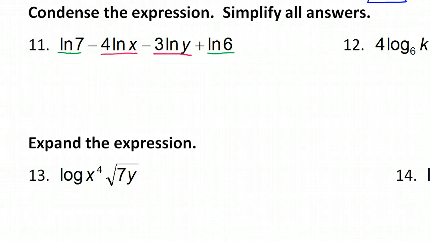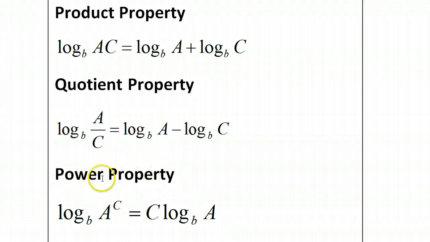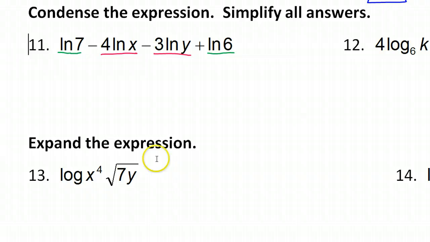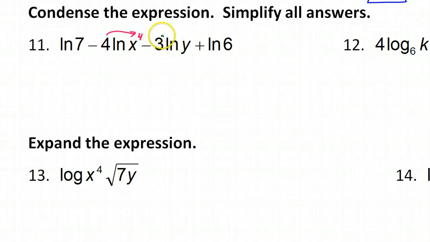But wait a minute. First of all, we have to use the power property. If you see a coefficient like this, it's got to end up back as a power. So really, before I do this part, this 4 is going to come over here and become 4th power. This 3 is going to come over and become 3rd power.